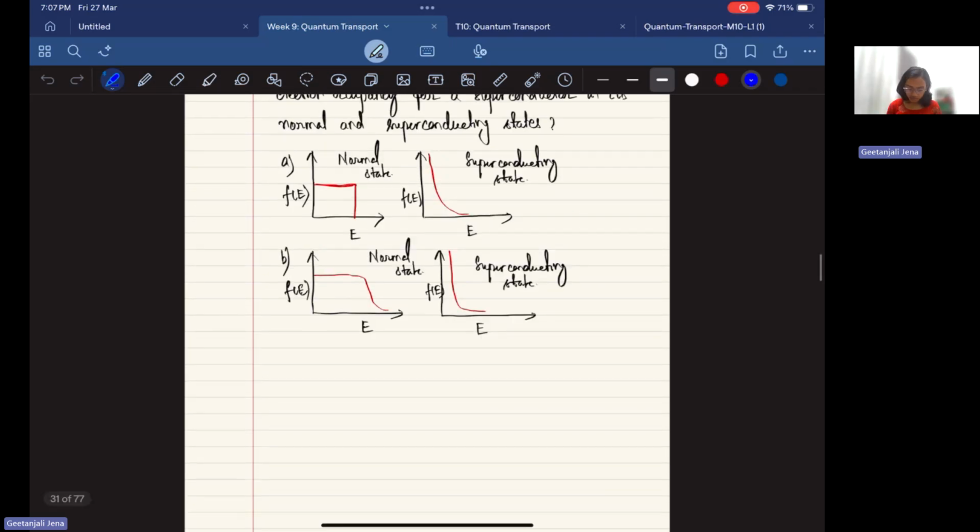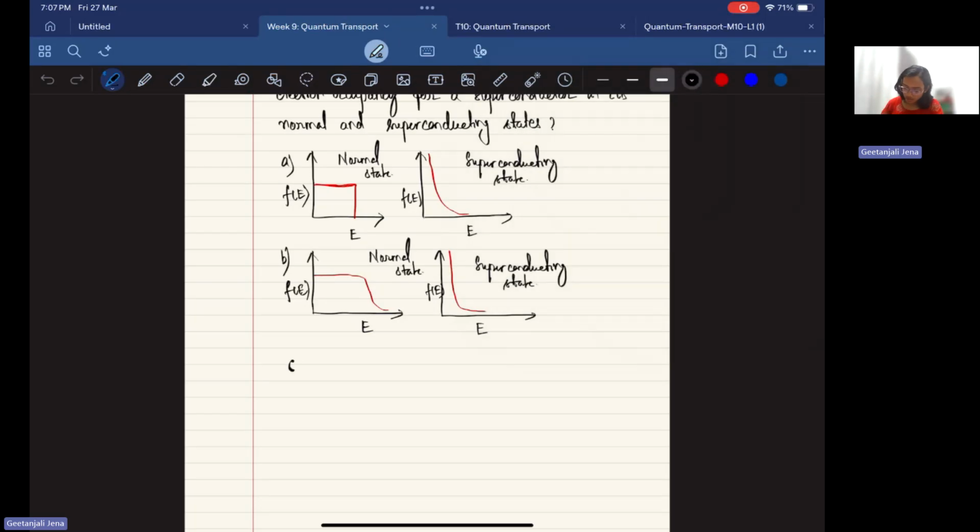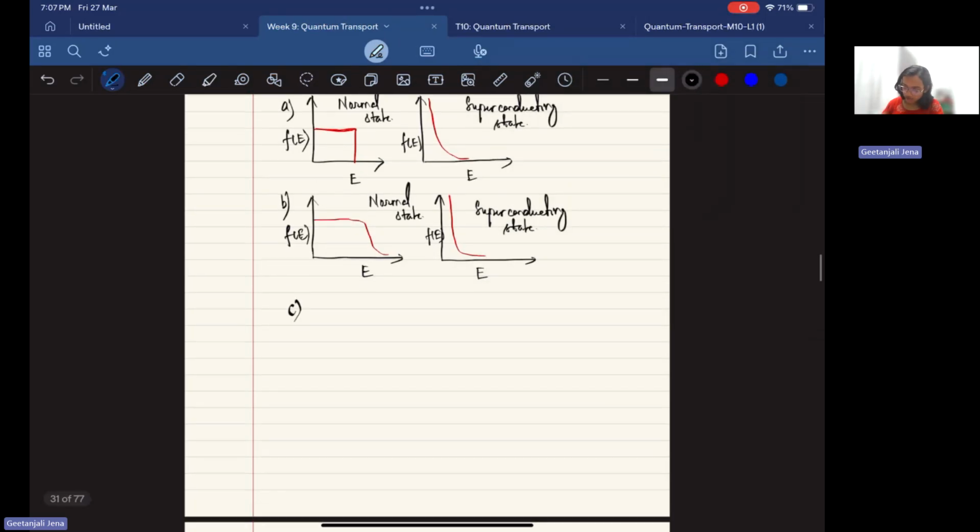Okay, I think two graphs are missing here, so let me draw them. There is another graph, C.